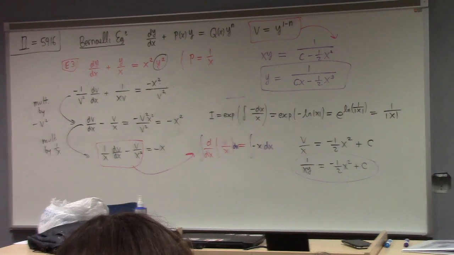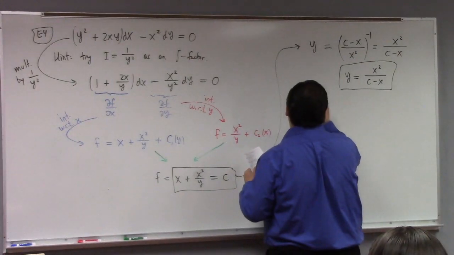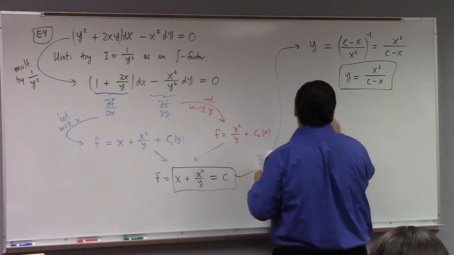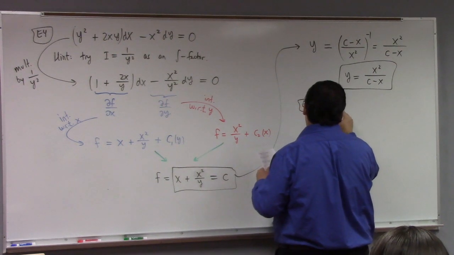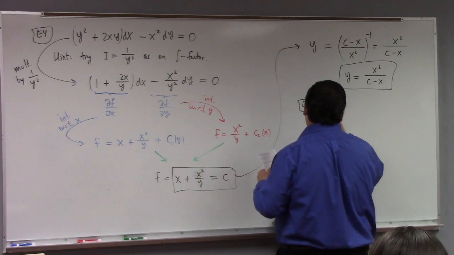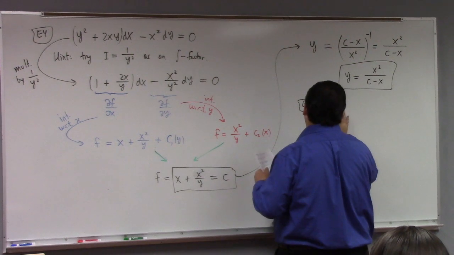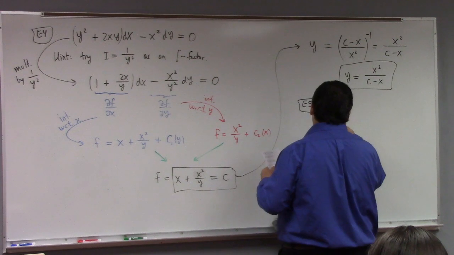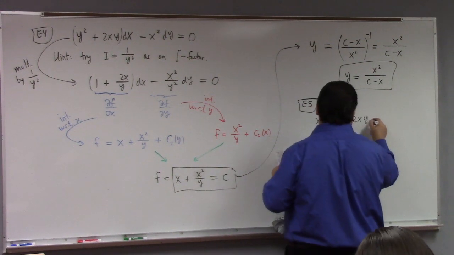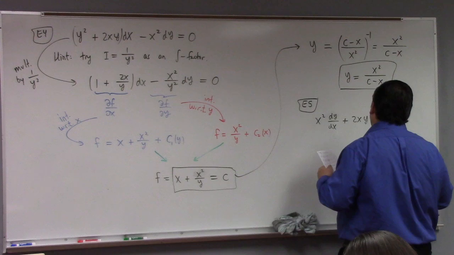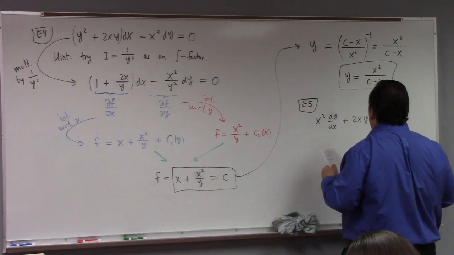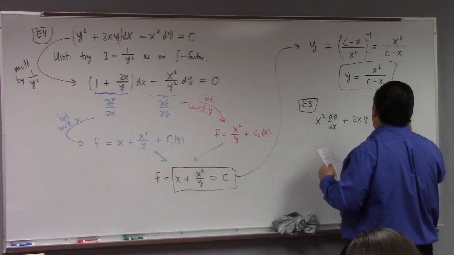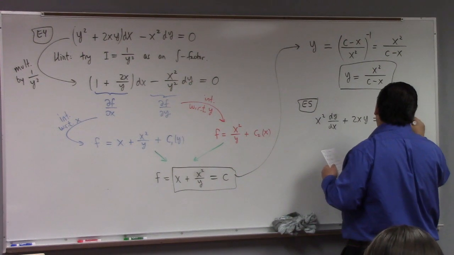Example 5. Suppose we have x squared dy dx plus 2xy equal to, I don't know, x hyperbolic cosine of x squared.